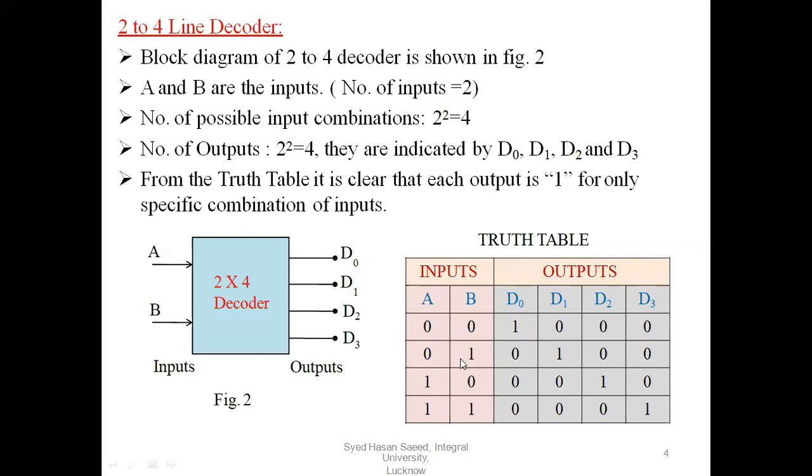For 01, only D1 is 1, and D0, D2, D3 are 0. For 10, which is 2, only D2 is 1, and D0, D1, D3 are 0. For 11, D3 is 1, and D0, D1, D2 are 0. This is the truth table for the 2 to 4 line decoder.